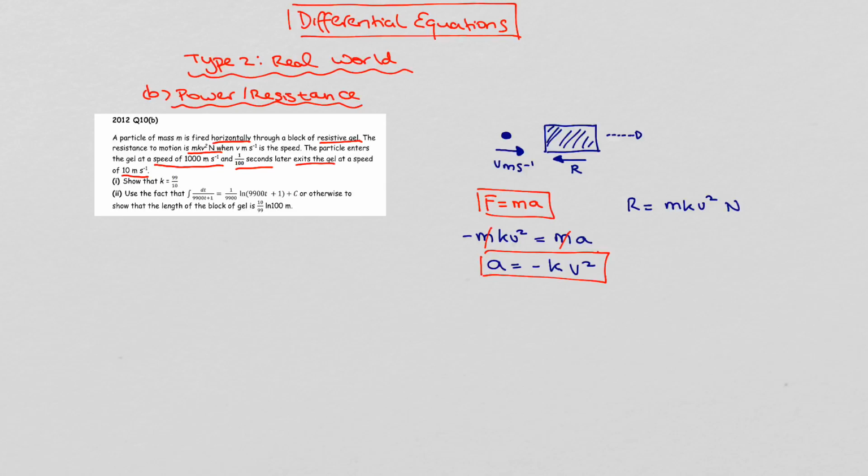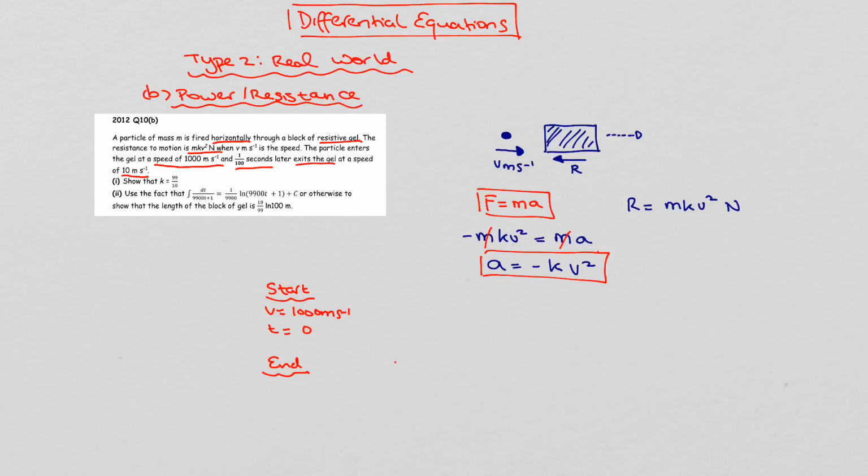So now we have an equation for acceleration. We can look and see, well, what are our limits given to us? What's our start limits and what's our end limits? In other words, what are we going to let a equal? Are we going to let it equal v dv/ds, or are we going to let it equal dv/dt? So of course, we're given our start limits in terms of velocity, which is 1,000 meters per second, and we have the time is 0.